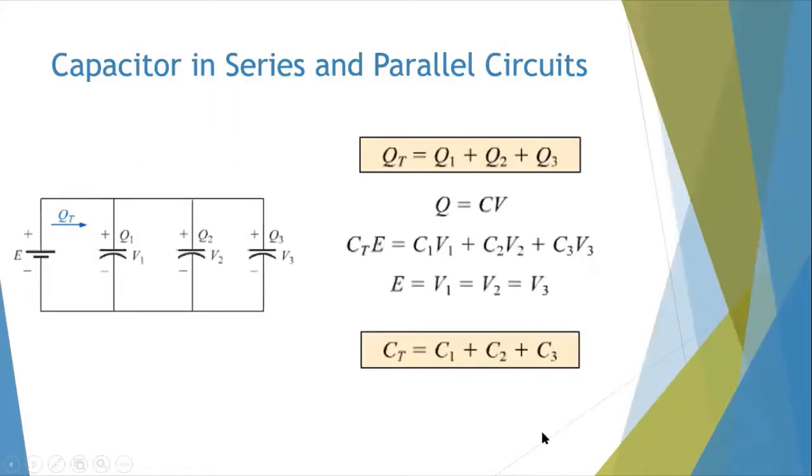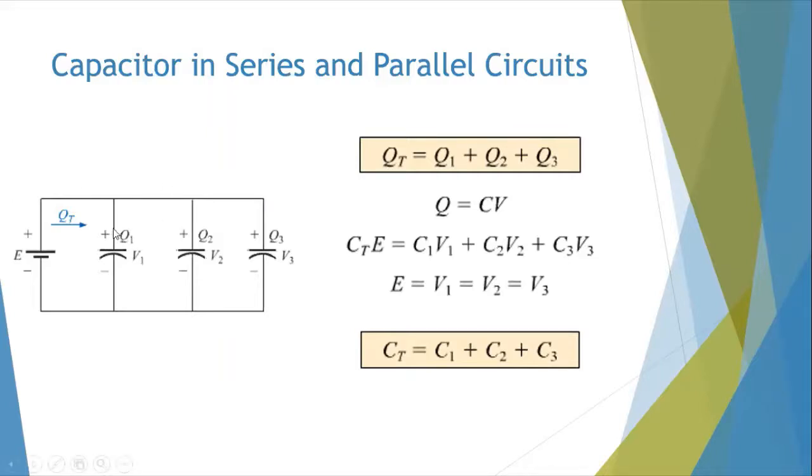Now, this one is for capacitors in parallel. If you apply similar logic here, you have a main current going out from your battery, and then it will split into I1, I2, I3. So I total is going to be the sum of all these. Like we said, the charge depends on the current, because the rate of flow of charge is current.